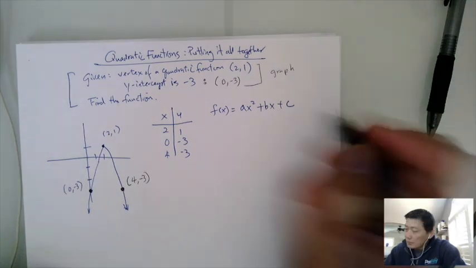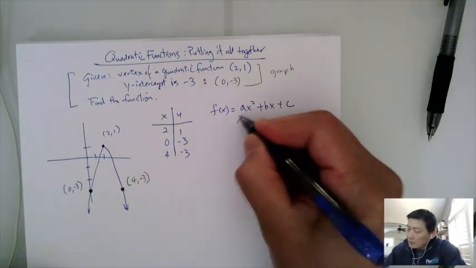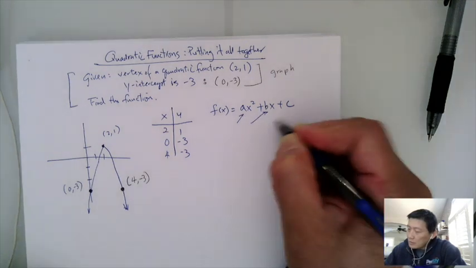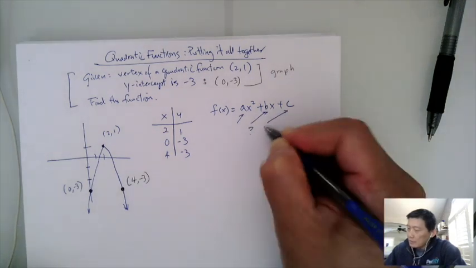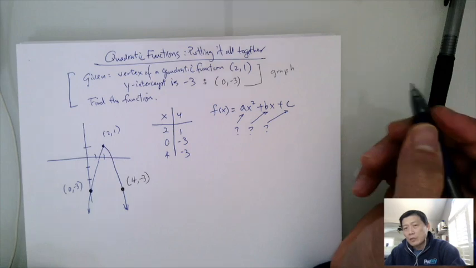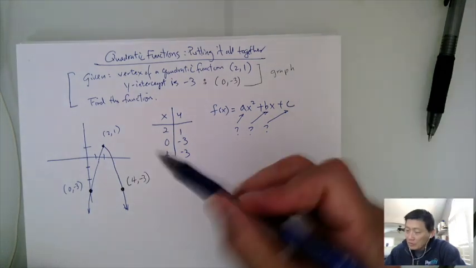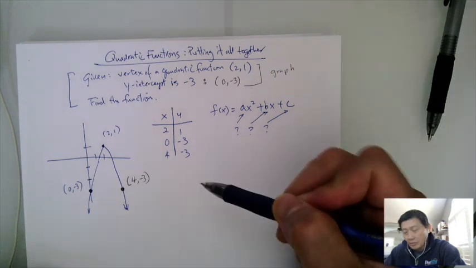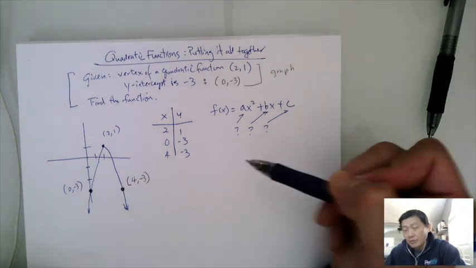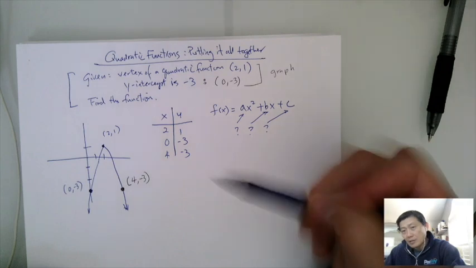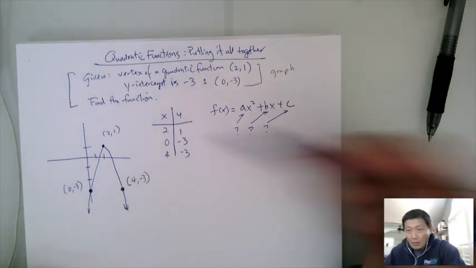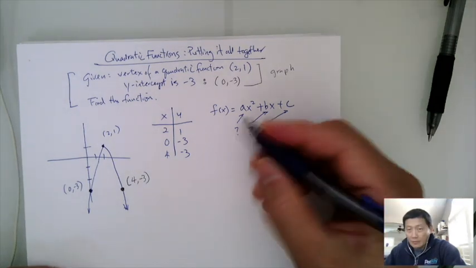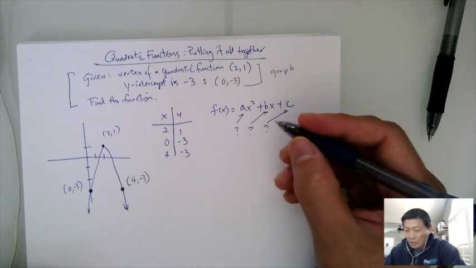What I really need to do is figure out what a, b, and c are. There are 3 unknowns, so I need these 3 coordinates to come up with 3 separate equations to find a, b, and c. Once I can figure out the values of a, b, and c, I will be able to find the actual function.